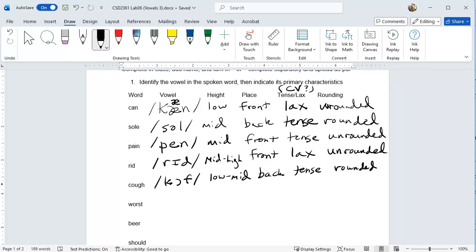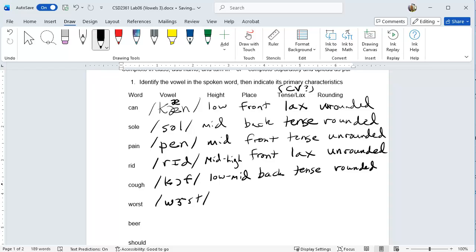All right, next up we have the vowel in worst. If you have just a single syllable pronounced all by itself, it's considered stressed by default, so we get the stressed version, which is this backwards epsilon with the rhotic diacritic added to it.